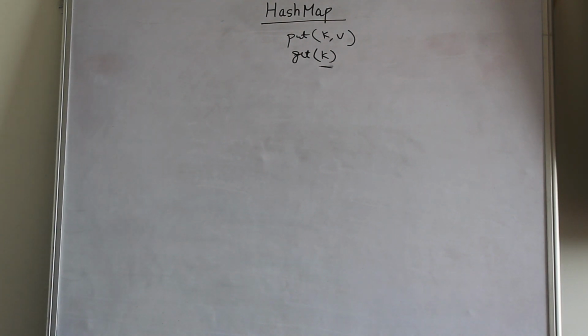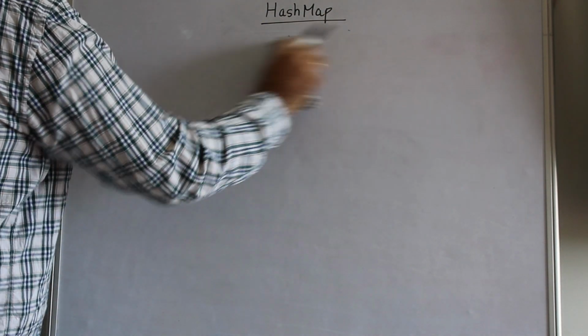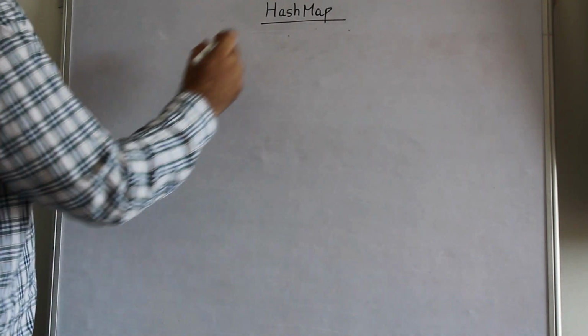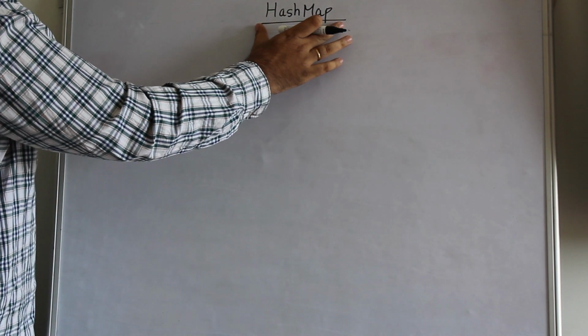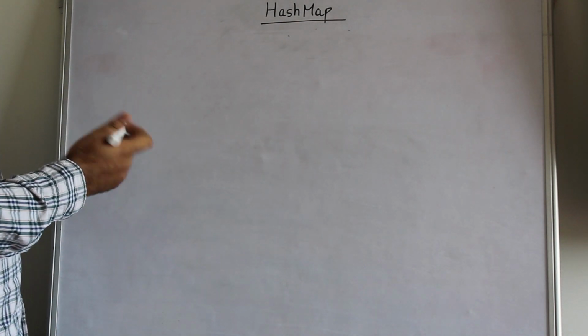It is used for storing key value pairs basically. And today we will talk about the internal structure of the hash map, how it stores data internally, and we will talk about the hash code and equals method. So we'll start with this. Now, the structure of this map will be an array of entries kind of.